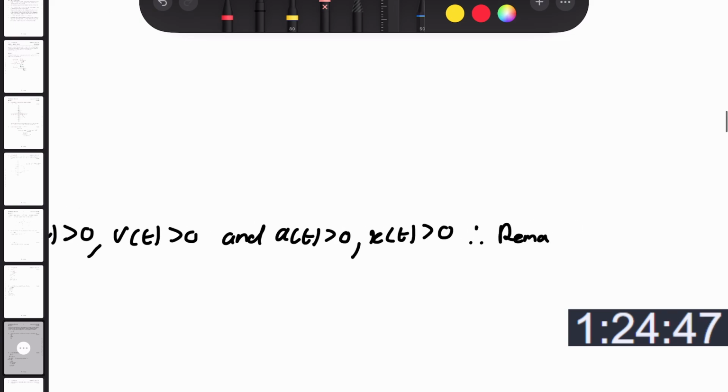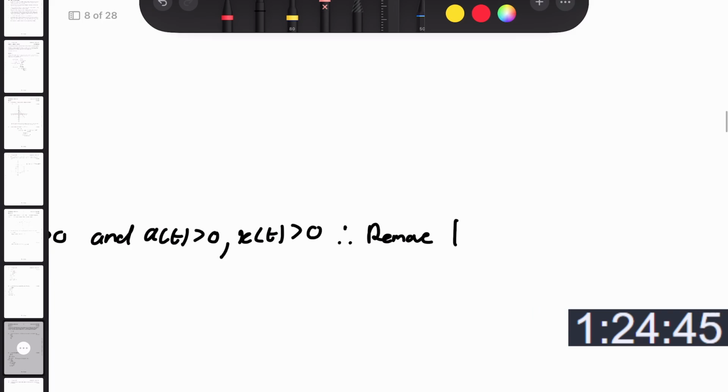Therefore, remove absolute value signs. Therefore, I'll say maybe change the absolute value brackets of x to just curved brackets of x.